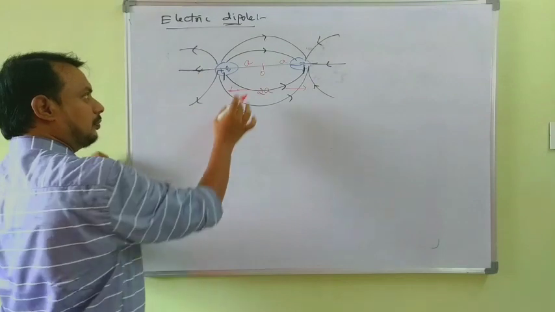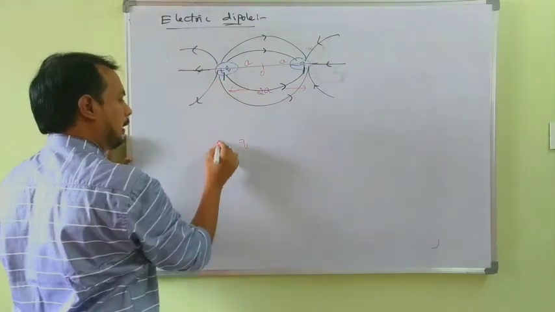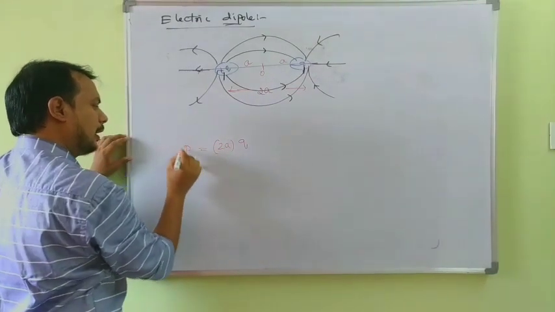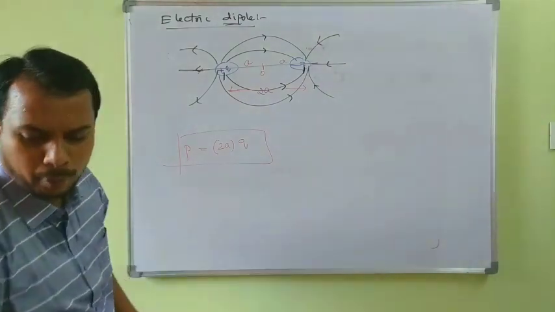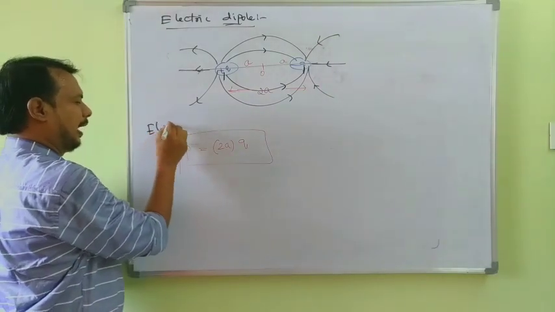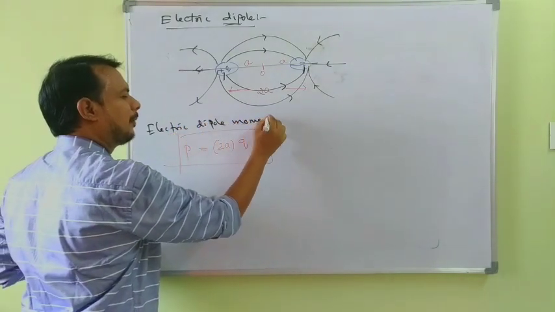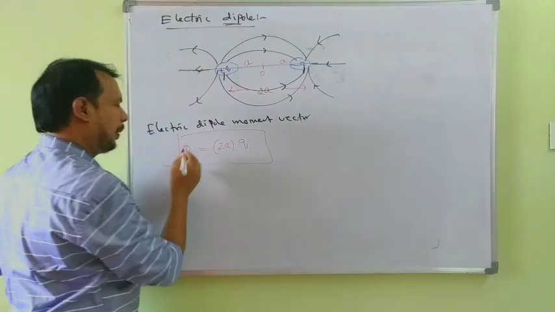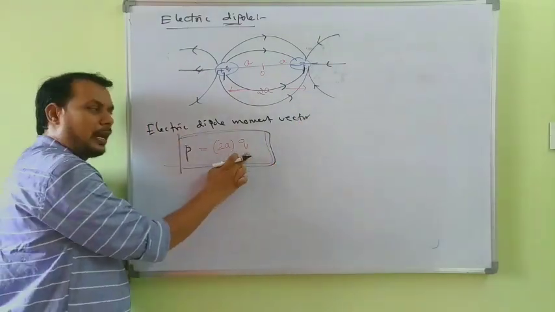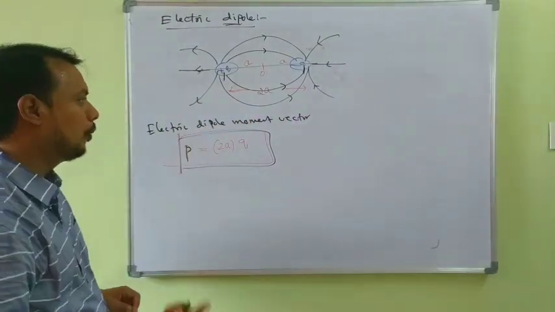That is called an electric dipole. The product of charge and distance is called the electric dipole moment. The electric dipole moment vector P equals 2aq. So the product of the charge and the distance between the charges is called the electric dipole moment vector.